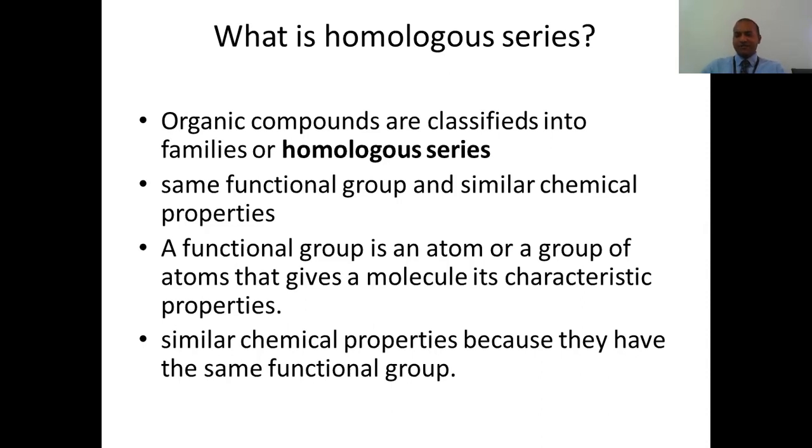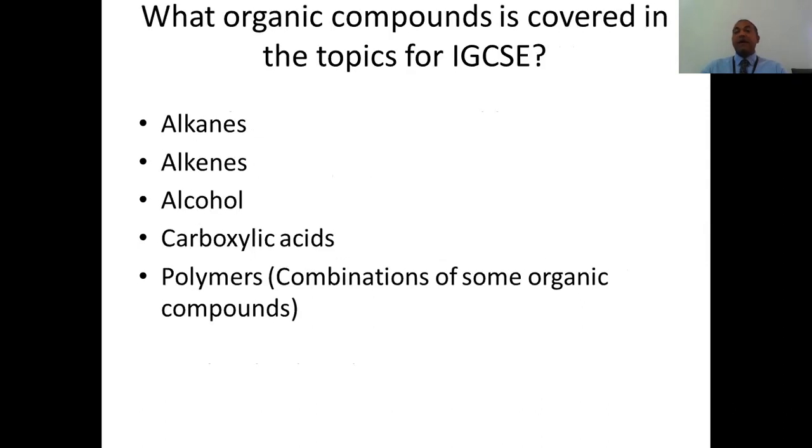Now, our last question. What are we covering in our IGCSE for 0620 or 0654? For this topic in IGCSE, we are covering alkanes, alkenes, alcohols, carboxylic acids, and polymers. A polymer is actually a combination of some organic compounds. For example, alcohol and carboxylic acid produce ester, which is covered.